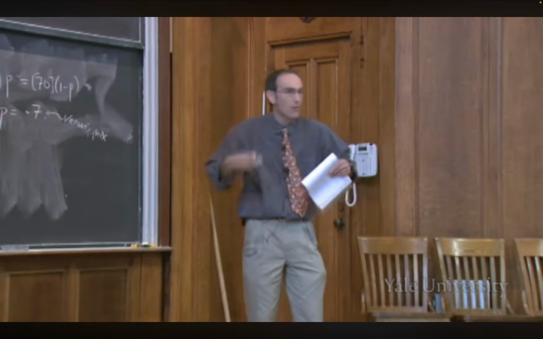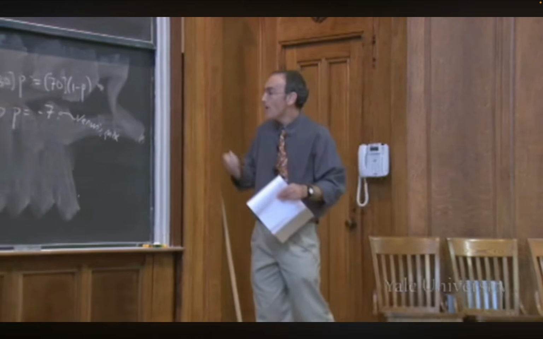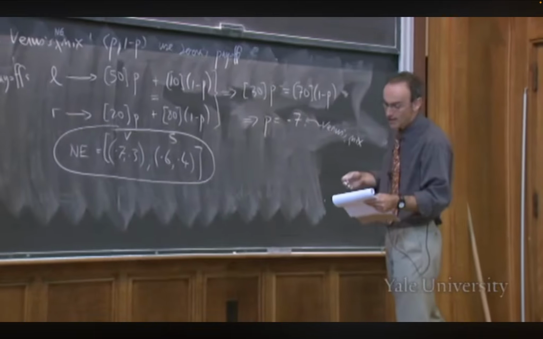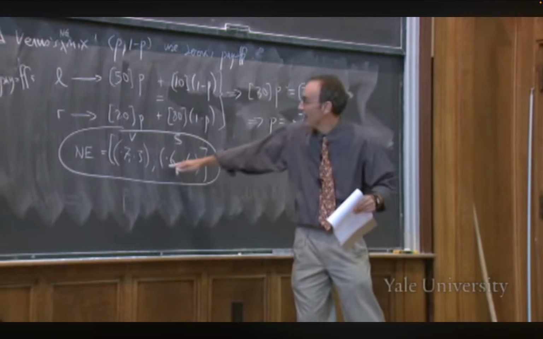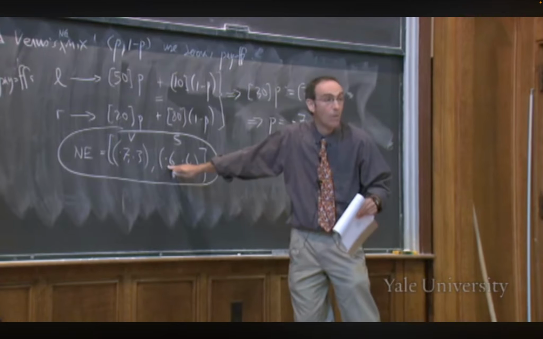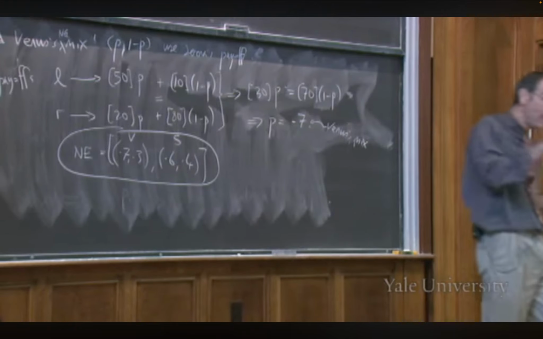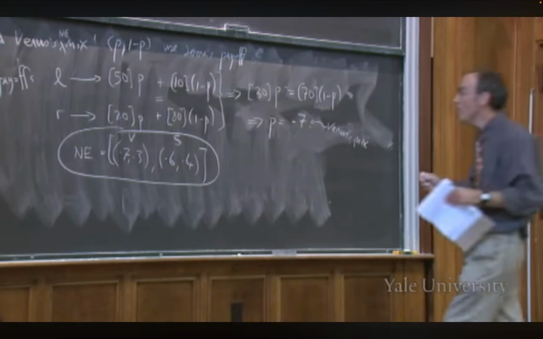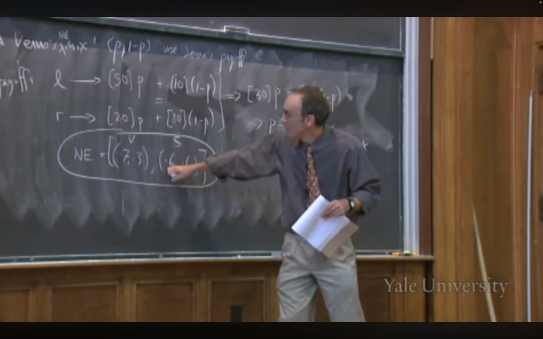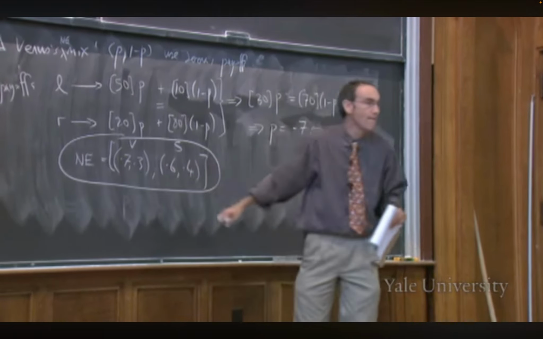Now let's just reinforce this a little bit by talking about it. So suppose it were the case that Serena, instead of leaning to the left 0.6 of the time, leant to the left more than 0.6 of the time.